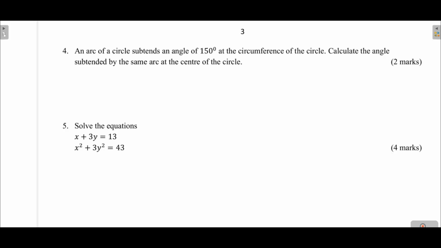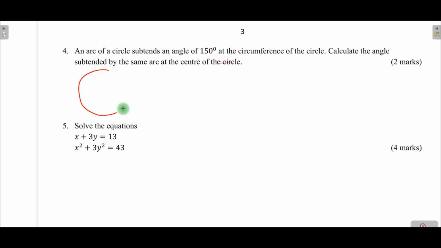For question number 4, an arc of a circle subtends an angle of 150 degrees at the circumference of the circle. Calculate the angle subtended by the same arc at the center of the circle. For this, it's very important to note the angle properties of a circle, and therefore allow me to make a sketch.